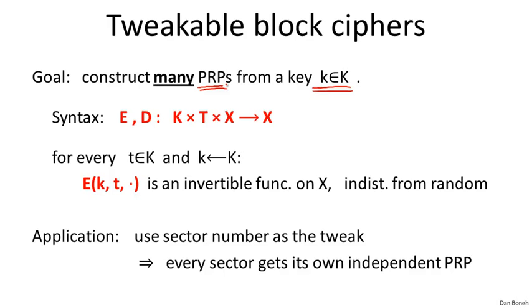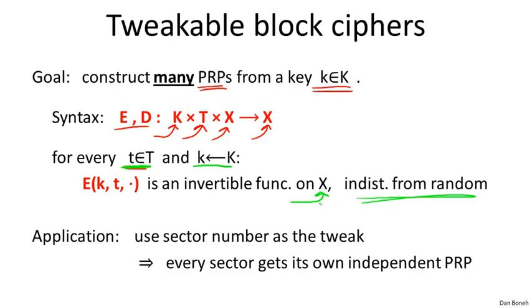In a tweakable block cipher, the encryption and decryption algorithms, as usual, take a key as input, and they take a tweak as input. This capital T is what's called the tweak space, and of course they take the data as input and output data in the set X. The property is that for every tweak in the tweak space and a random key, if we fix the key and the tweak, then we end up with an invertible function, a one-to-one function on the set X. And because the key is random, the function is in fact indistinguishable from random.